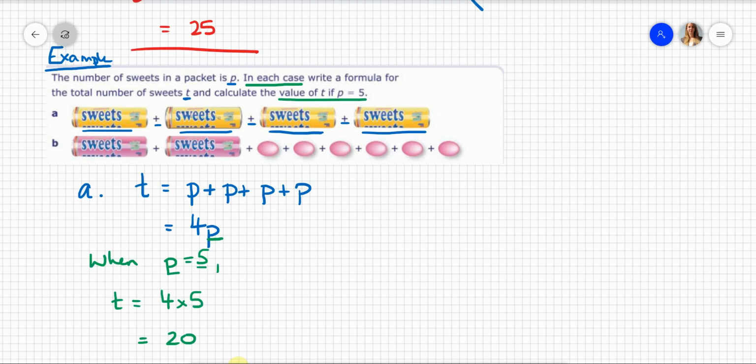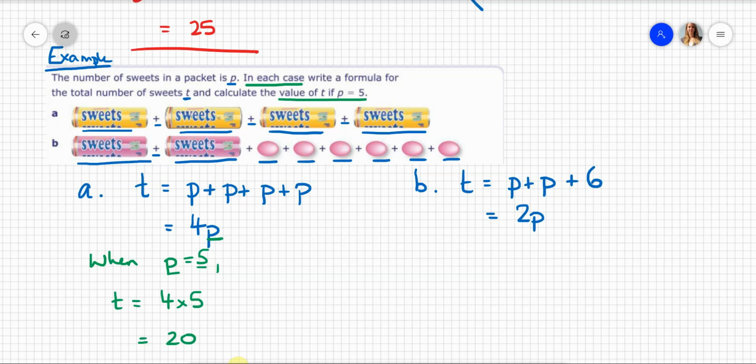For part B, we've got a packet plus a packet. So the total number of sweets is a packet plus a packet. And then we've got some loose sweets, so we've got plus 1, 2, 3, 4, 5, 6. So the total number of sweets is 2P plus 6. Again, we need to find the value when P equals 5.